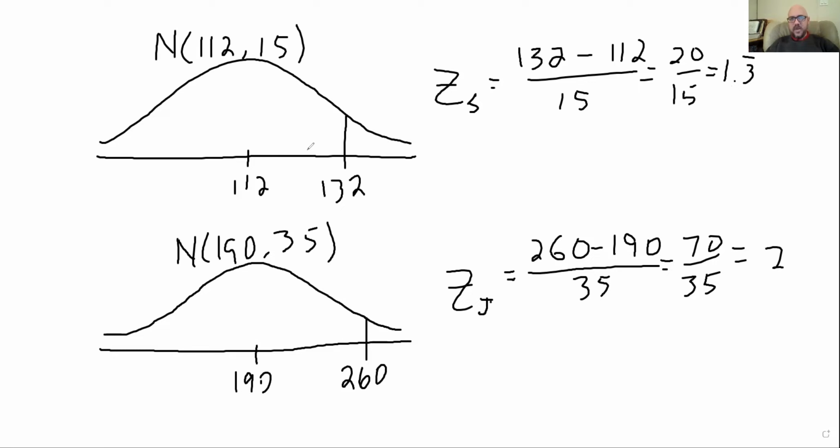So Sophie is 40,000 pounds heavier than your average blue whale, and John is 70 pounds heavier than your average male human. And yet, John is more unusual than Sophie, right? John is farther above the mean for his species because we are comparing him only to his species, which has a standard deviation of just 35 pounds, as opposed to this, which is 30,000 pounds.